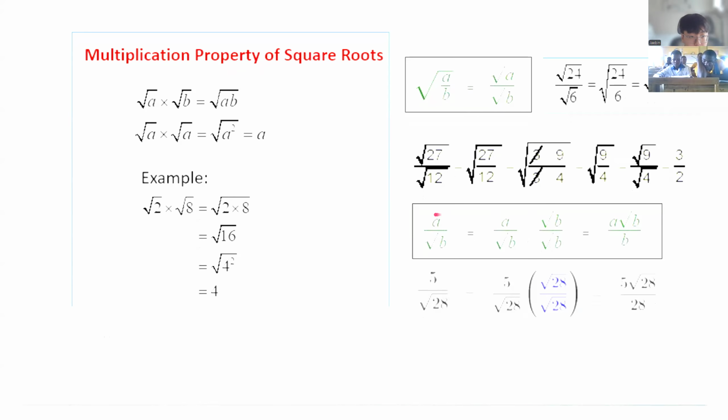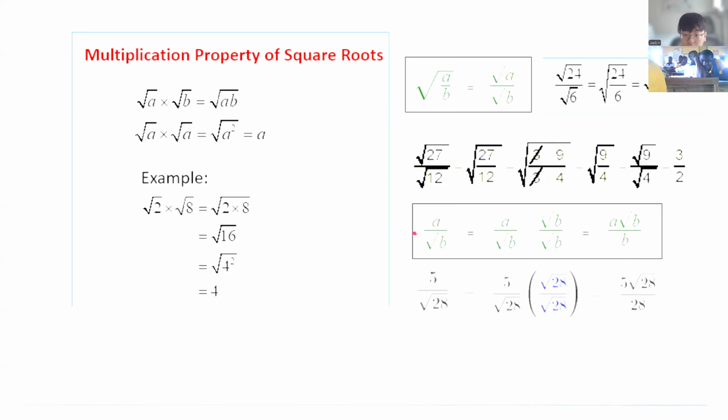We have another property of a square root, which is that for A over square root of B, we can multiply by square root of B over square root of B. This becomes A square root of B over B. This is a case where you don't want the denominator to be a square root.